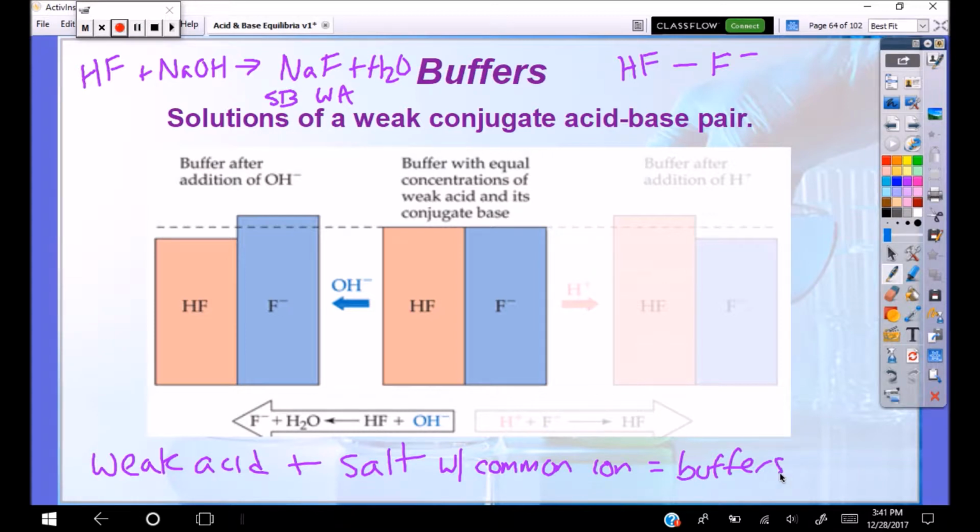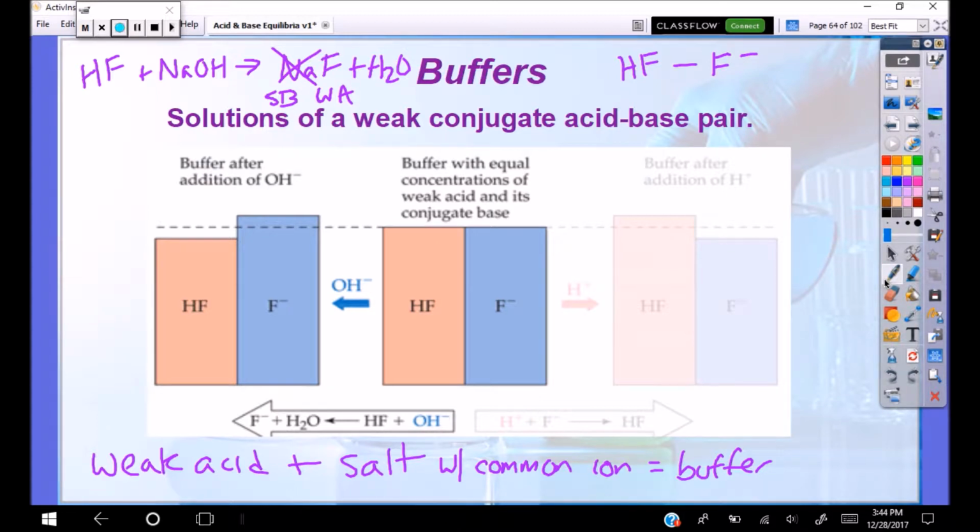That's the simplest way to make it. So here we could take sodium fluoride and add it to a solution of HF, and now we have all of this F minus in solution, which makes sense because Na plus is a spectator, it ionizes, we've got just F minus floating around in solution in addition to HF.